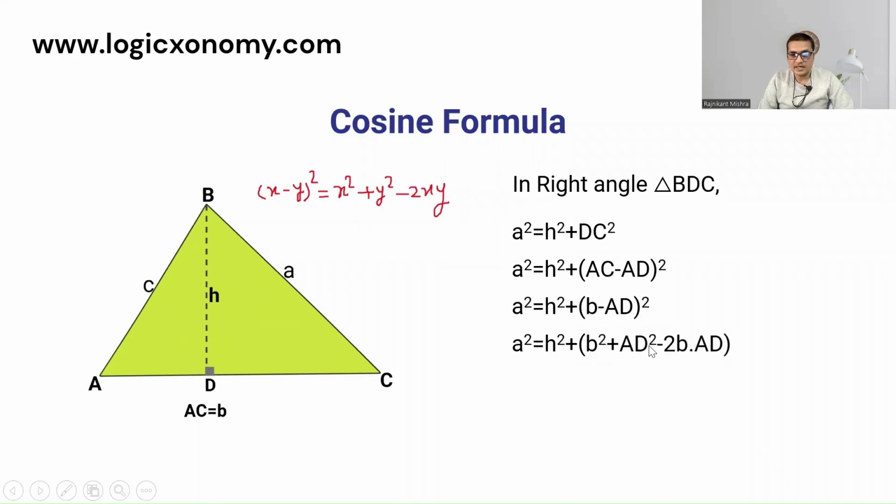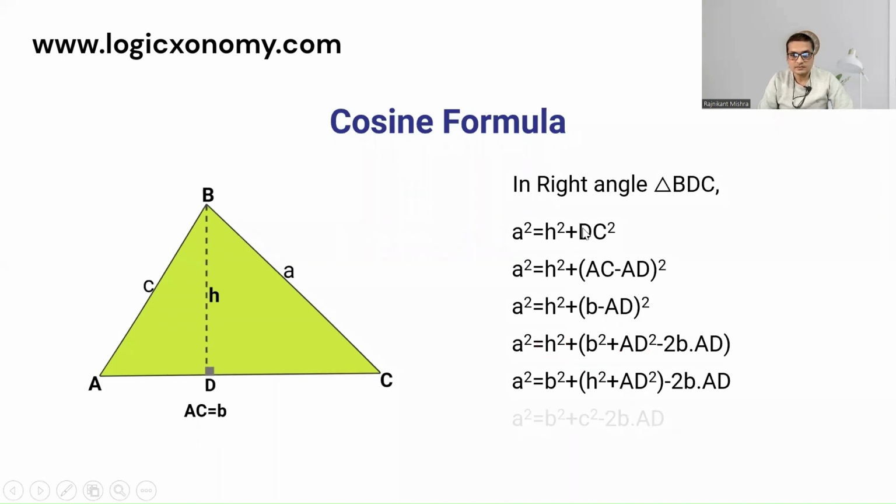We get b square plus AD square minus 2 into b into AD. Here this h square plus AD square is equal to AB square, which means c square, using the Pythagorean theorem. This is our equation number 1.